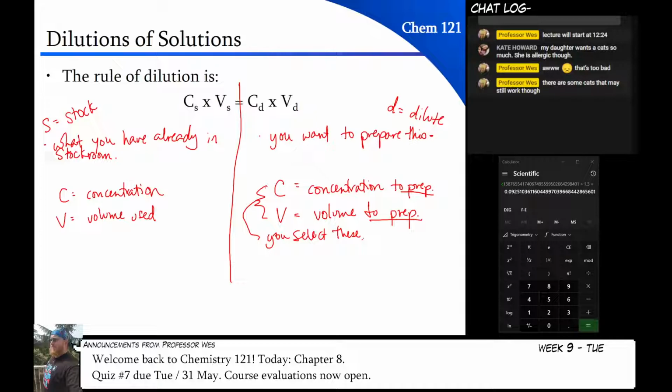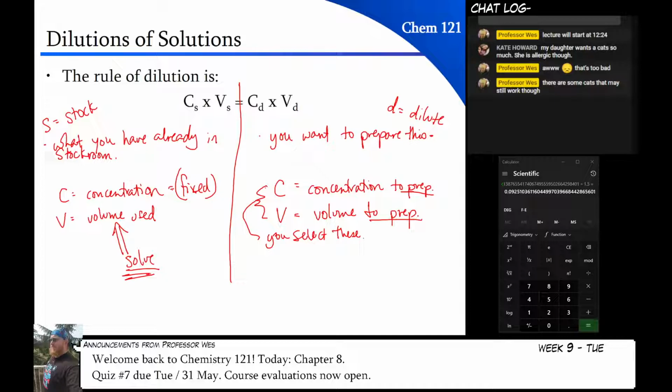You get to pick whatever numbers you want to do the dilution. Maybe you want 1 liter of 0.9% mass volume sodium chloride. Maybe you want 20 liters of 0.5 mass sodium chloride. You put whatever numbers you want in there. Generally speaking, this number is going to be fixed, which leaves the volume of the stock solution to be the number that we solve for most of the time.